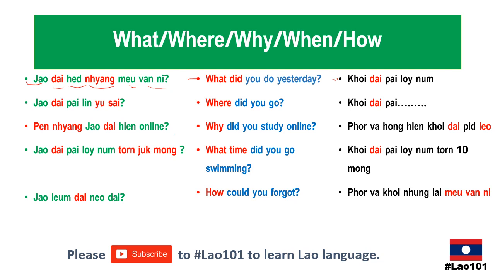So what did you get to do yesterday? เฮ็ดหยัง is to do something. มื้อวานนี้ is yesterday. When you answer, you can say ค่อยได้ไปลอยน้ำ. ไปลอยน้ำ means go swimming. ไป is go, ลอยน้ำ is swimming. ค่อยได้ไปลอยน้ำเมื่อวานนี้. That's a sample response.